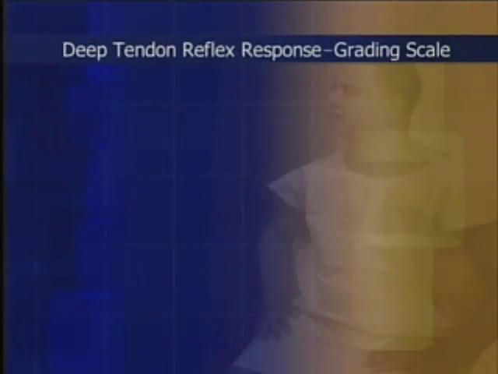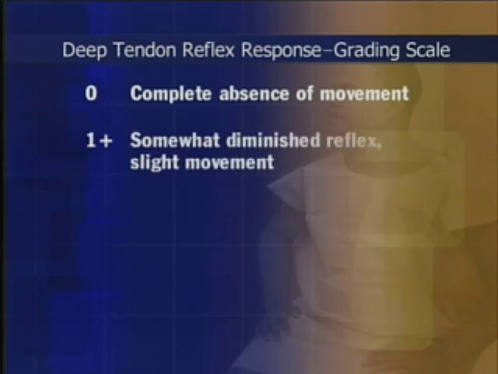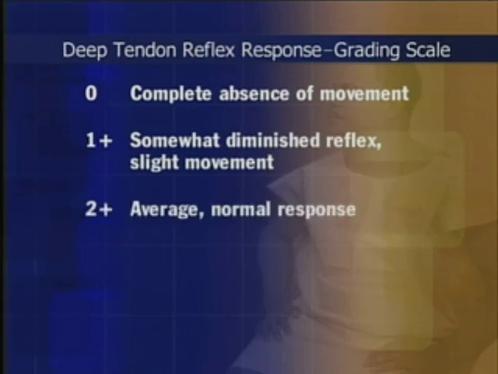When assessing deep tendon reflexes, grade them on a scale from 0 to 4+. A grade of 0 reflects the complete absence of movement. 1+ indicates a somewhat diminished reflex that shows movement only with reinforcement. A 2+ reflex shows greater movement than 1+ and is an average normal response.